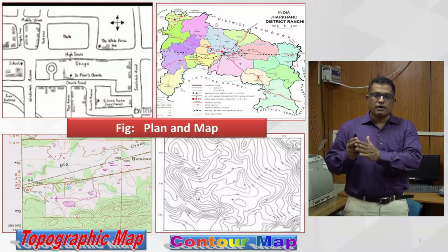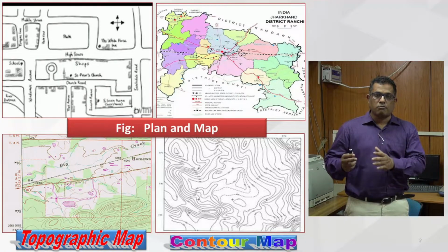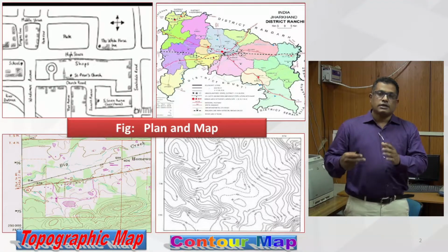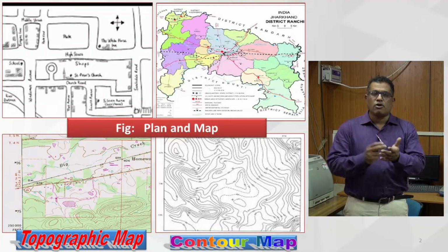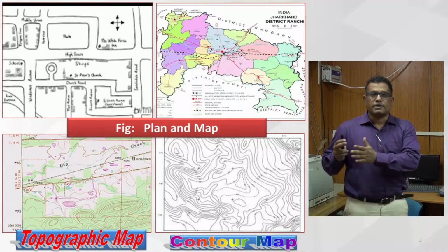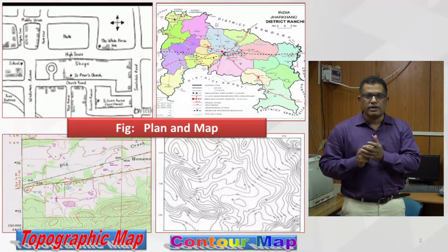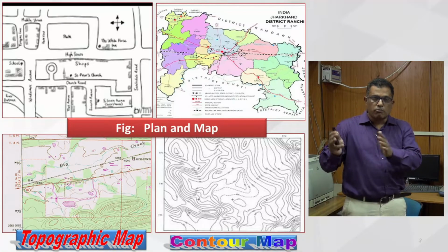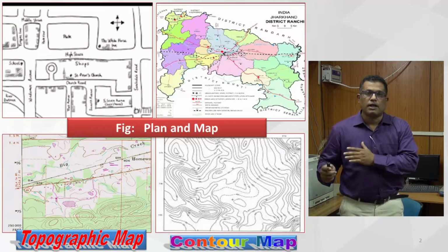Here more precision and more detailing are required, so we take the scale as large. Say 1 centimeter represents 1 or 2 meters, or 5 or 10 meters on the ground. We want more detailing about that particular point. Such a type of map is called a plan.